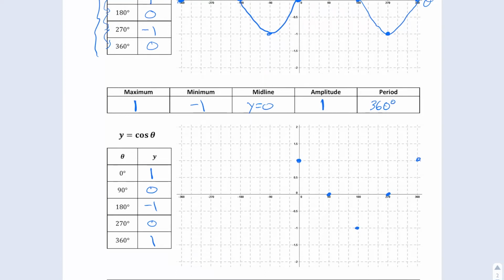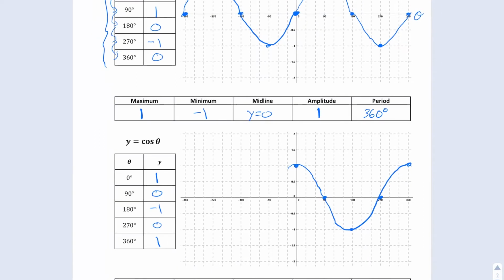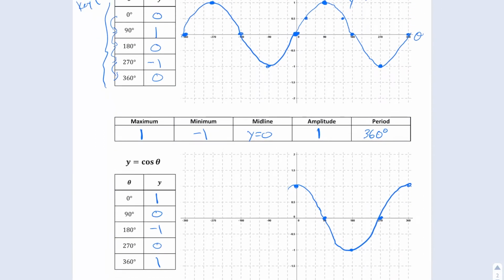So I plot this in like this, and I get one full cycle of cosine. So again, this looks pretty similar to sine, only it's kind of like this section right here. Right, like that. And so cosine, aptly named cosine, is obviously related.